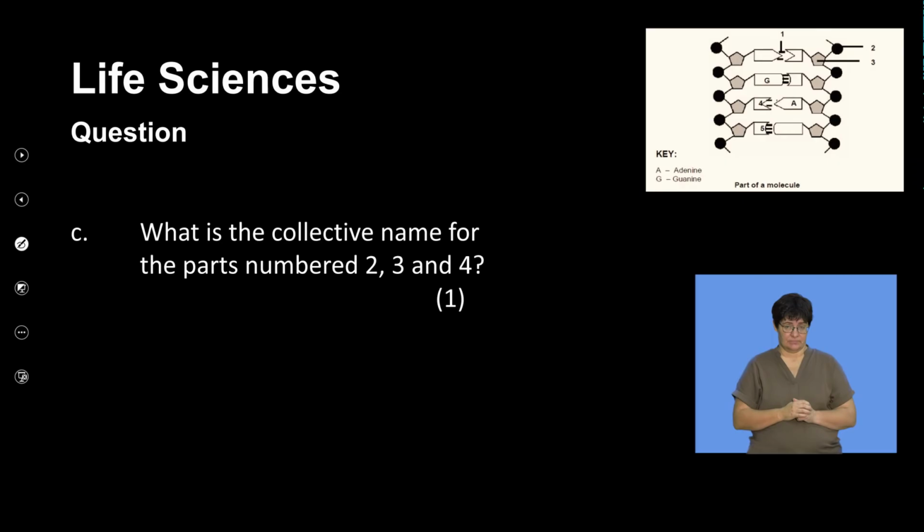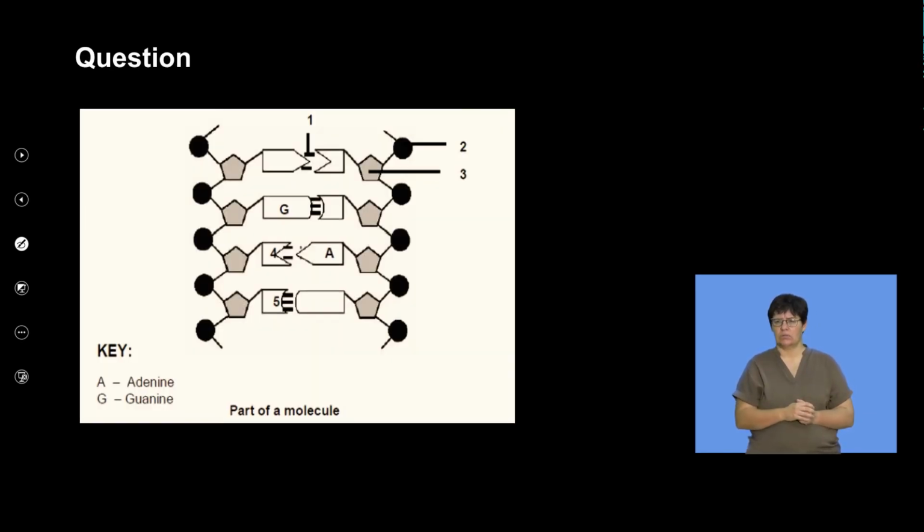Cool. Let's move on to a few more questions. What is the collective name for the parts numbered 2, 3, and 4? So we're going to put 2, 3, and 4 together. So 4 would be here. If we look at them together, we know that a DNA nucleotide consists of 3 parts.